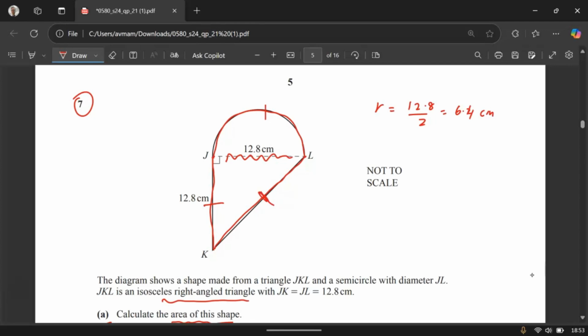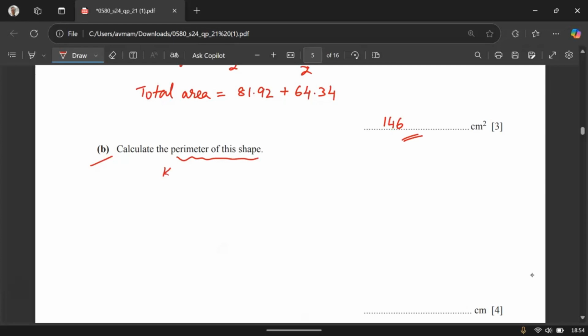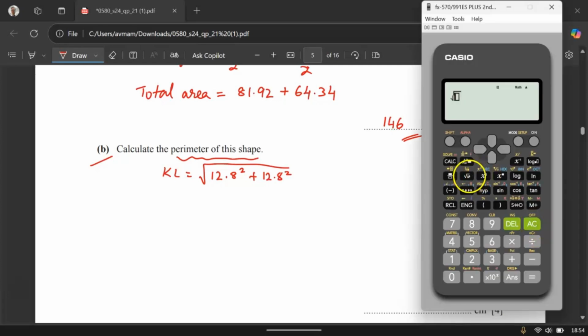Since this is a right angle triangle, we can use Pythagoras theorem. These are the two shorter sides and this is the hypotenuse. KL equal to the square root of 12.8 squared plus 12.8 squared, and that gives me 18.101.